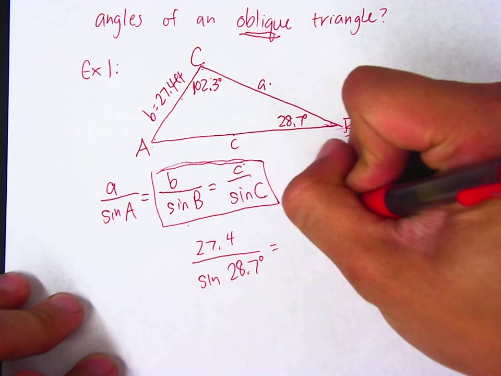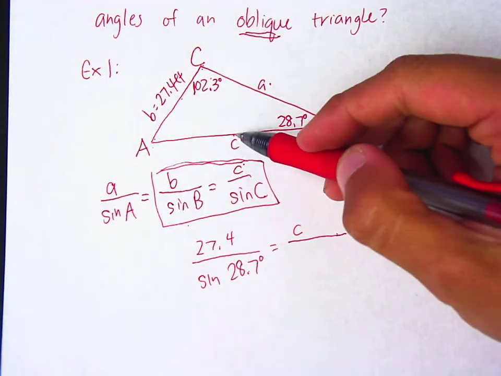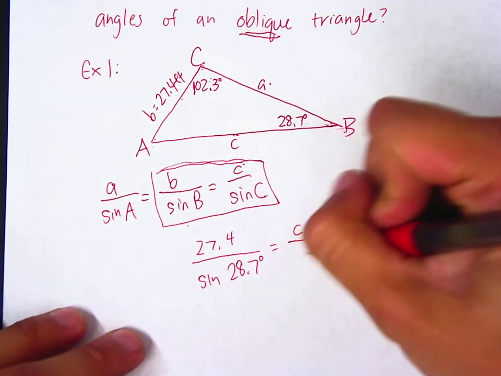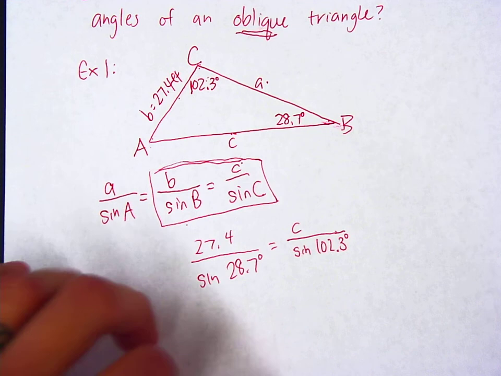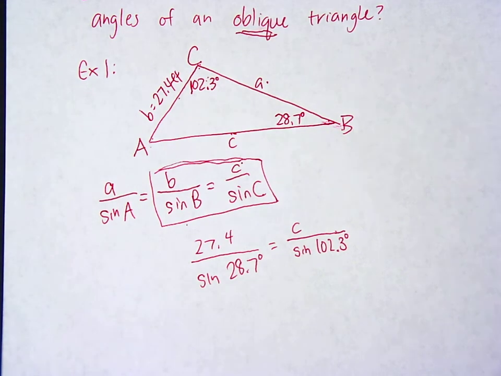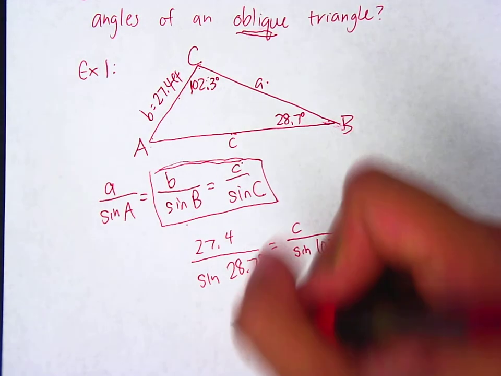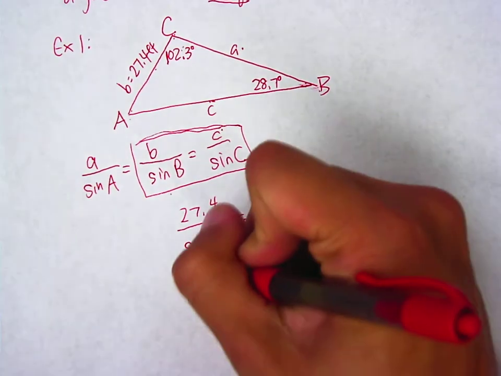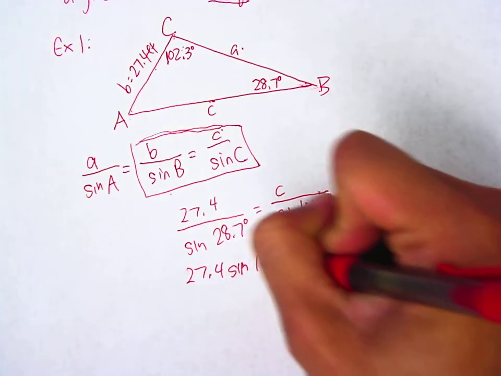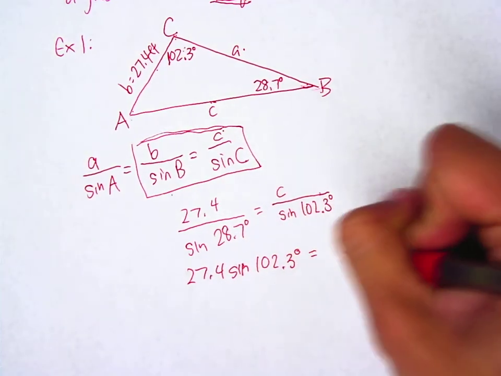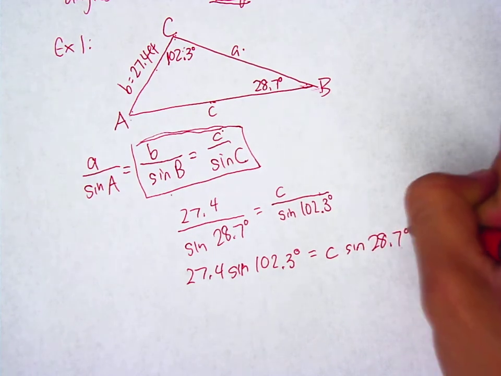I don't know what side C is. That is what I'm going to find. And I know the angle, so it'd be sine of 102.3 degrees. All right, so I am going to cross multiply. So it would be 27.4 sine of 102.3 degrees equals C times the sine of 28.7 degrees.